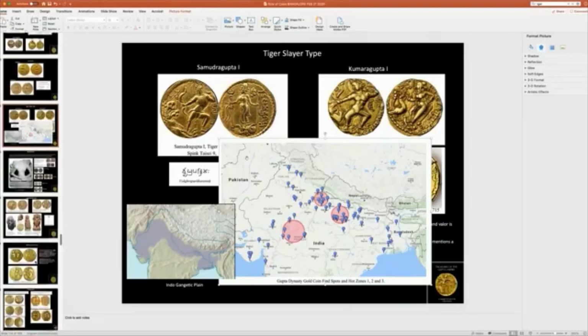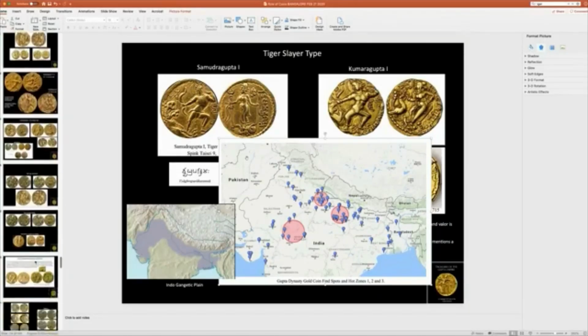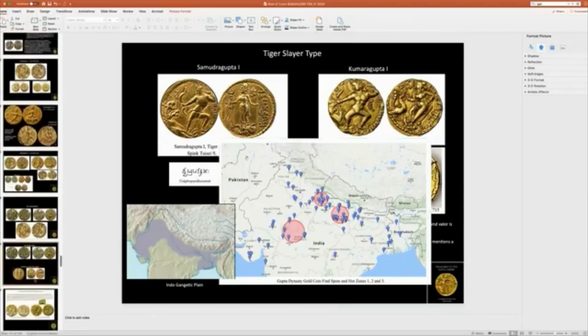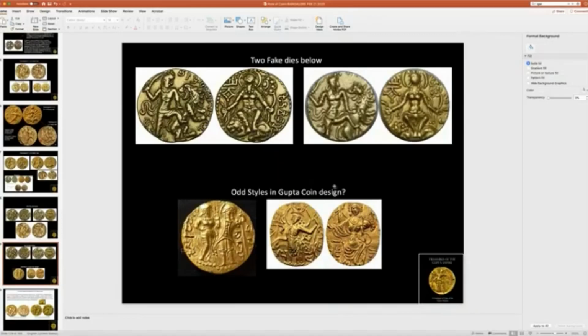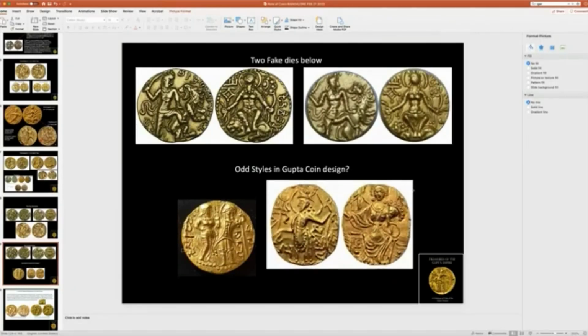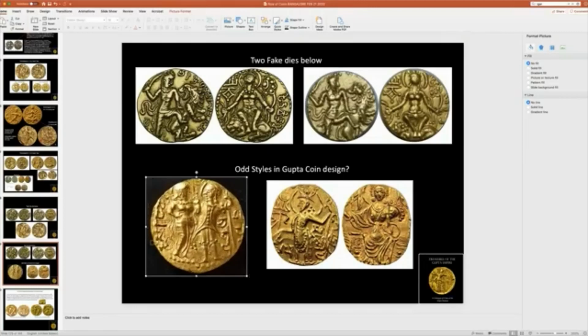So when you look at odd styles, it is important to understand in this context that odd style does not necessarily mean it's a fake coin. For example, this is a coin of Samudragupta found in the Pakistan Punjab region.